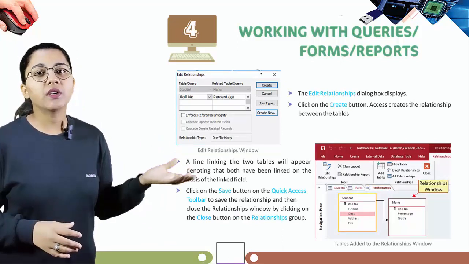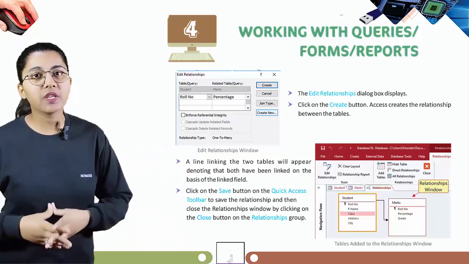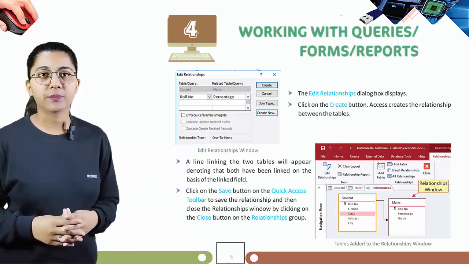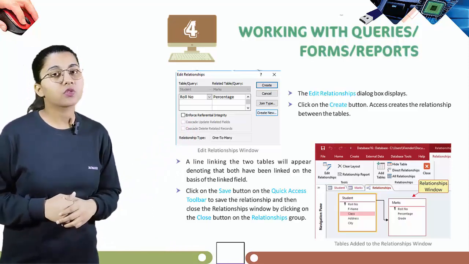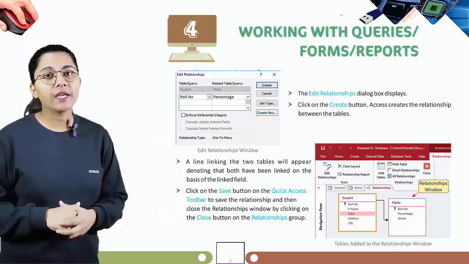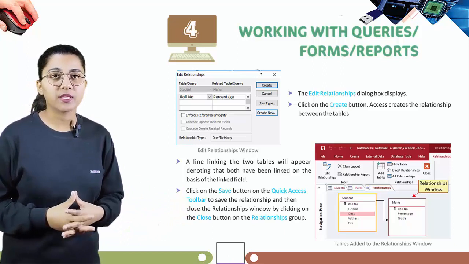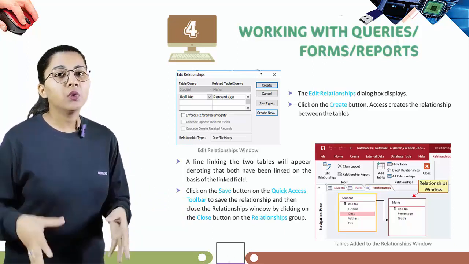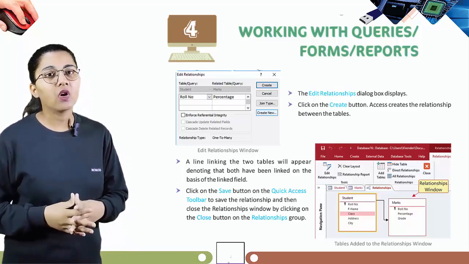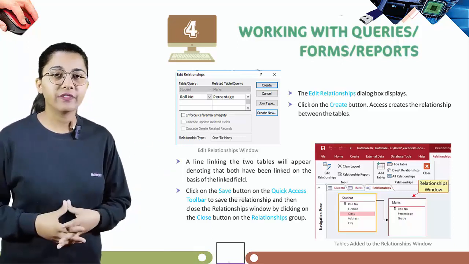Then click on the Create button, and Access creates the relationship between the tables. Here you can see the interface of the Edit Relationships window. So this is how you can create a relationship between the tables. A line linking the two tables will appear, denoting that both have been linked on the basis of the linked field.